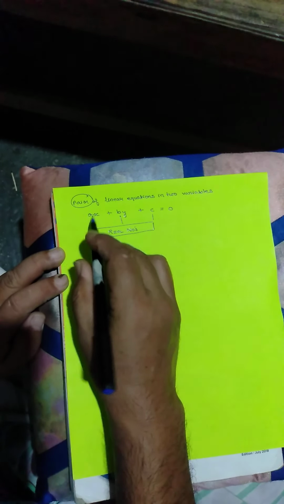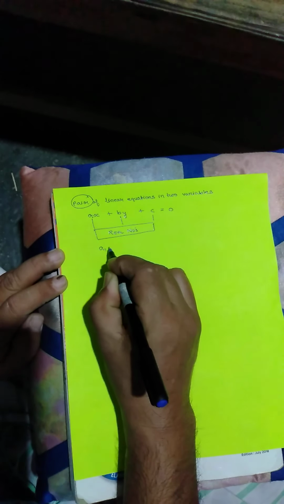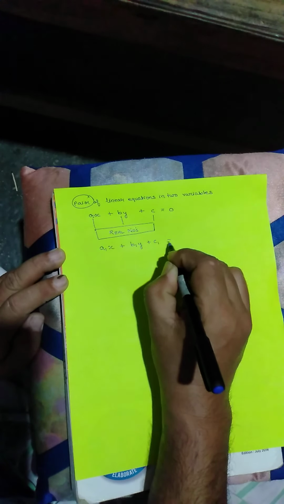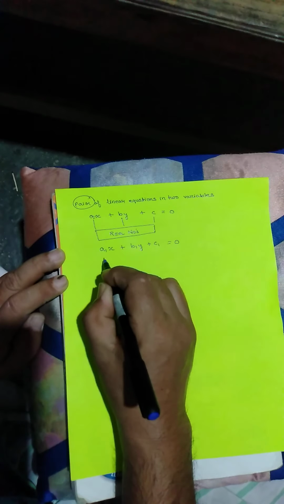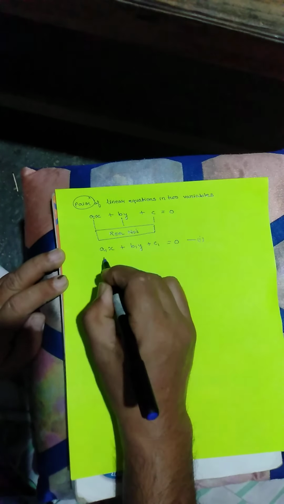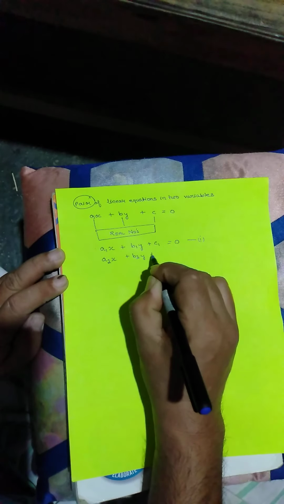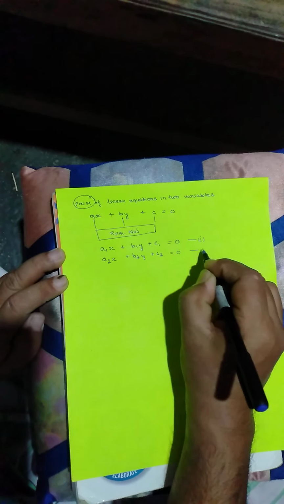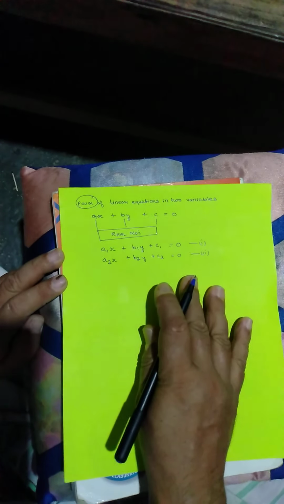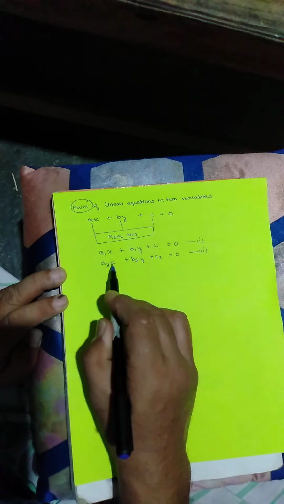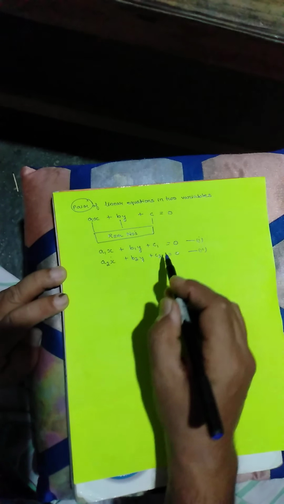So the standard form of a pair of linear equations would be a1x + b1y + c1 = 0, that is your first equation, and your second equation will be a2x + b2y + c2 = 0. When you compare the coefficients of x, the coefficients of y, and the constant c, you would get certain results.